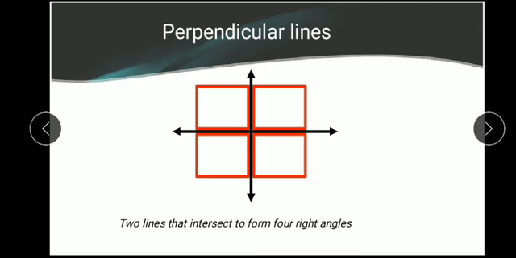Perpendicular lines: two lines that intersect to form four right angles. So one line and the other line. If two lines intersect such that four angles are formed, or you can say four right angles are formed, such lines are called perpendicular lines.